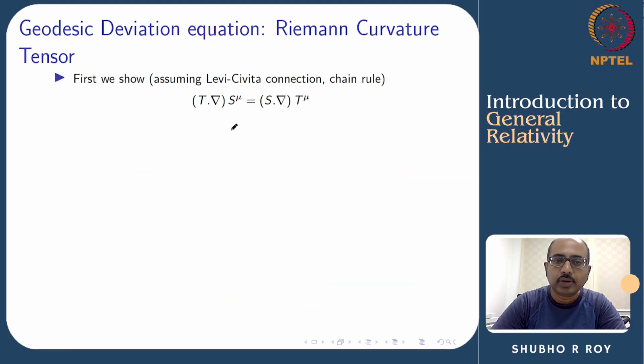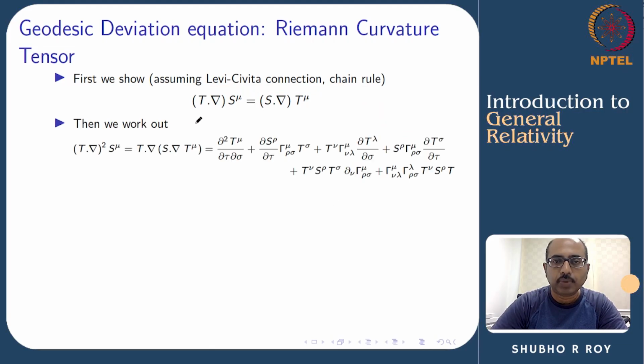The first time, T dot nabla acts on S mu, because I can use the chain rule. The Levi-Civita connection is symmetric under the swap of the lower two indices because of the torsion-free condition. So if I use the Levi-Civita connection and the chain rule, I can show T dot nabla of S is the same as S dot nabla of T.